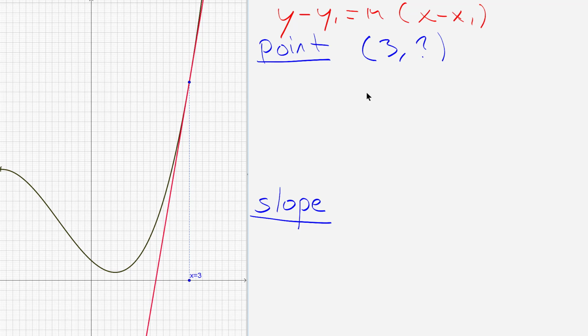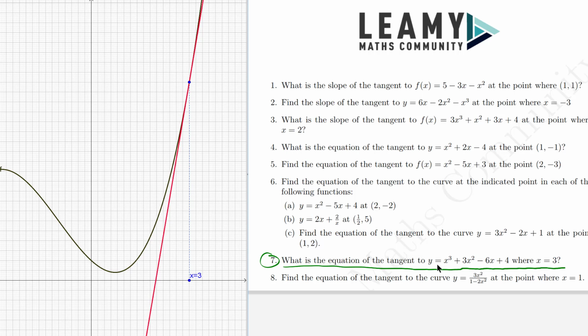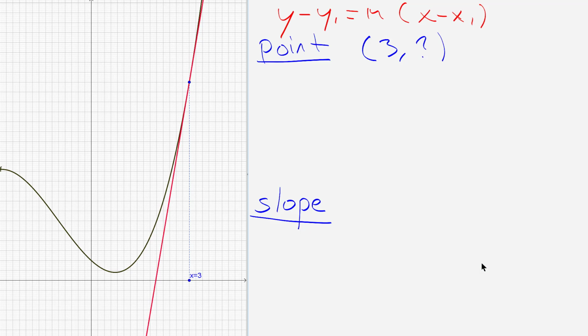How do we get the y value? We fill into the original equation, the original function, y equals x cubed plus 3x squared minus 6x plus 4. Fill in the input to get the output.